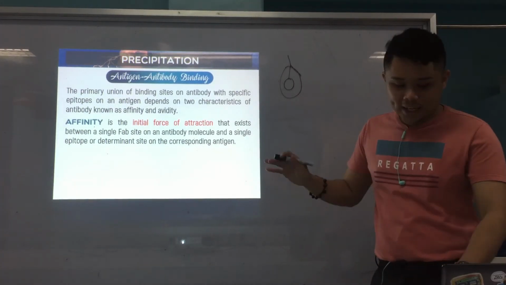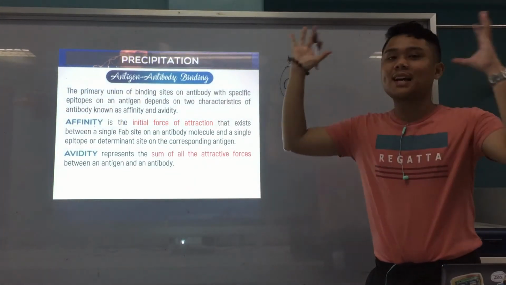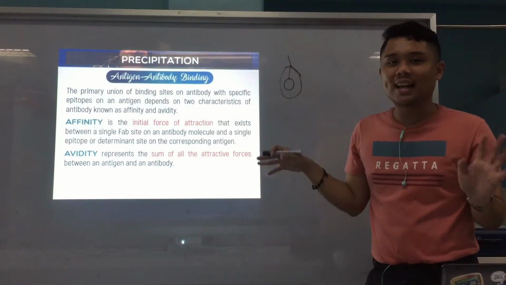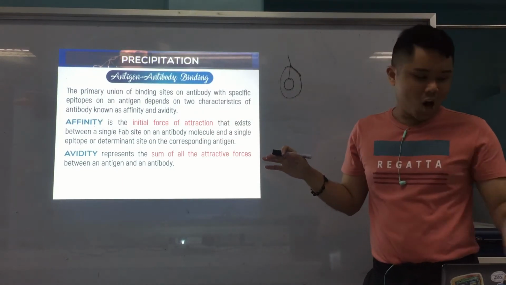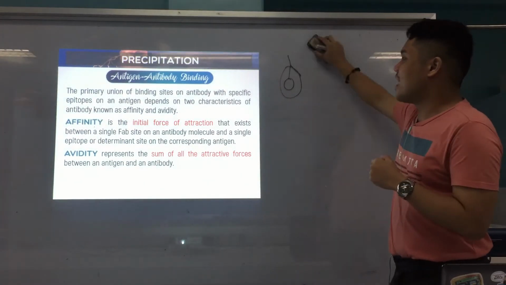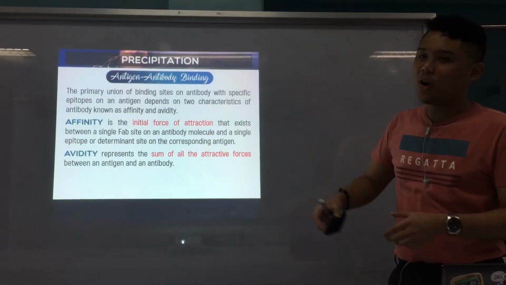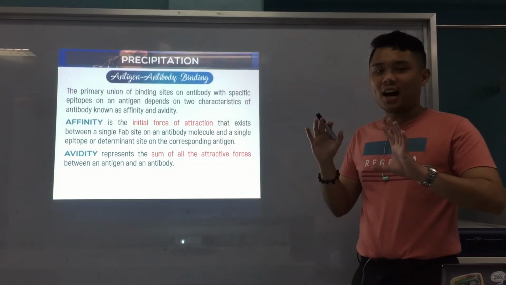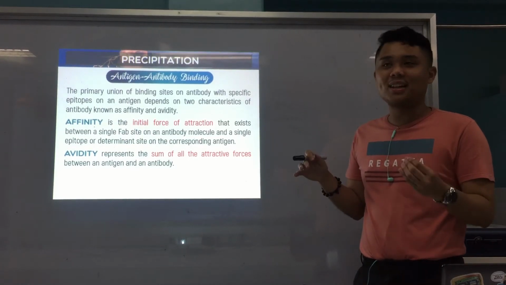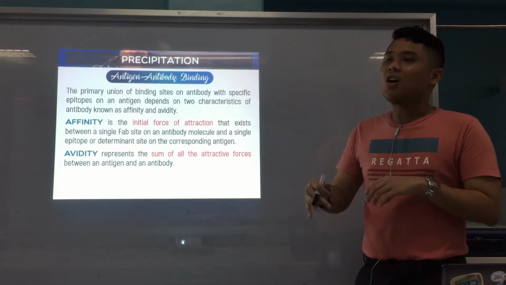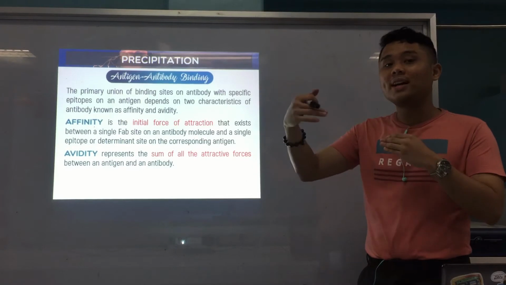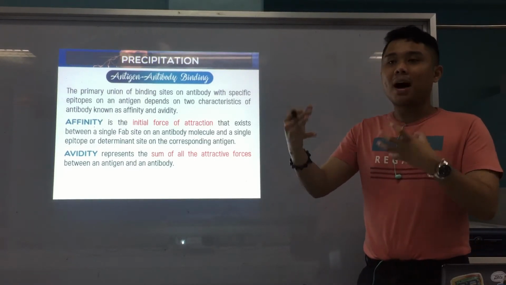But avidity is the sum of all, not just one. Avidity is more on all the forces. It does not only focus on one Fab site, and it's not focusing on only one force that keeps the binding intact.